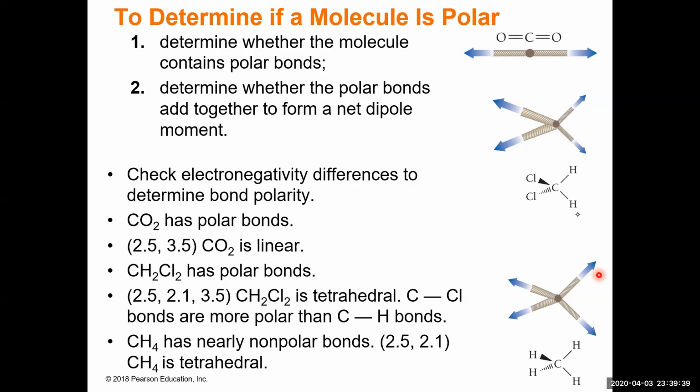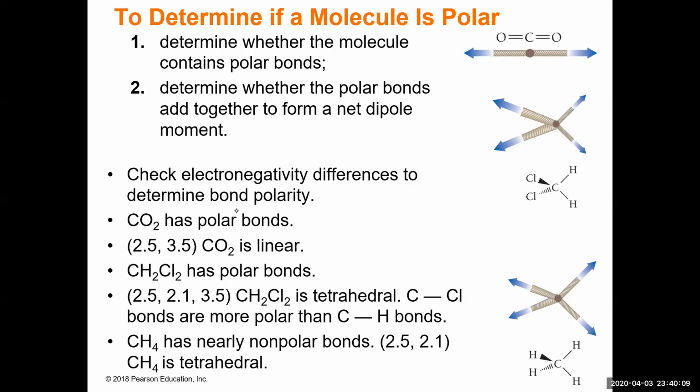After that, we want to determine whether the polar bonds will add together to form a net dipole moment. So again, for number 1, to determine whether the molecule contains polar bonds, we'll need to check the electronegativity differences between the two atoms that form that bond to see if that bond is polar or nonpolar.